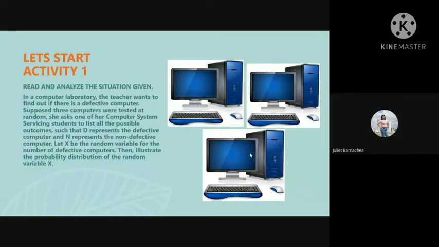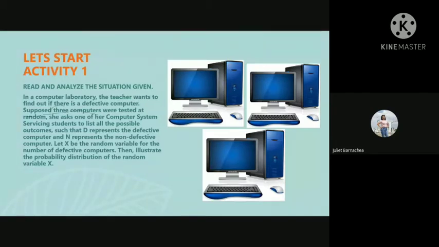Let X be the random variable for the number of defective computers. Then, illustrate the probability distribution of the random variable X. So, ito yung mga computer. Ang pinapagawa sa atin is list all the possible outcomes. Suppose 3 computers.